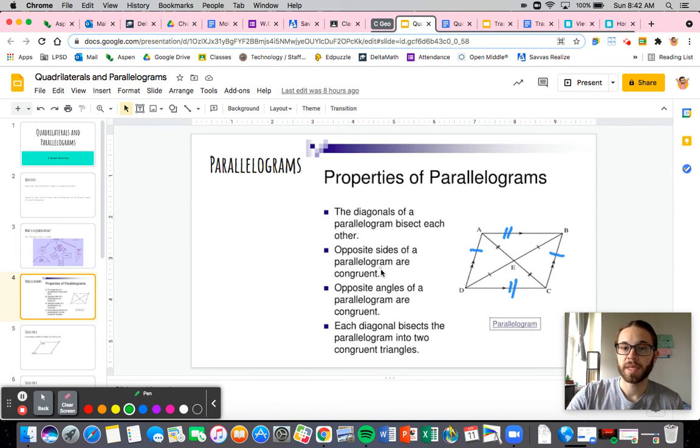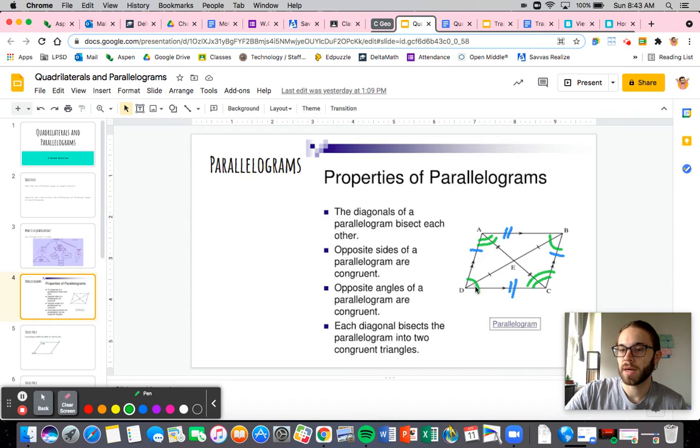Now it says opposite angles are congruent. So this angle is congruent to this angle. This angle is congruent to this angle. Again, this comes from the fact that if you draw a diagonal, you'll get 2 congruent triangles, which is actually the next part it says there.